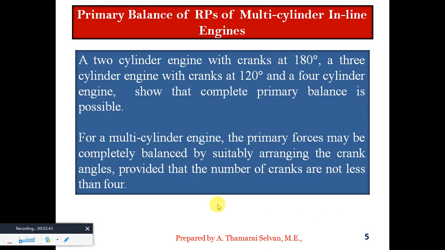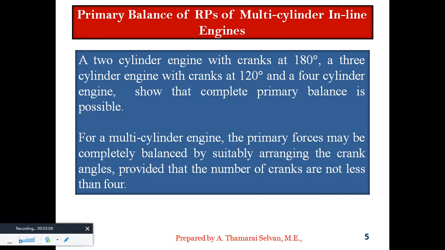Here generally a two-cylinder engine whose cranks would be at 180 degrees, that is exactly opposite, a three-cylinder engine with the cranks at 120 degrees, and a four-cylinder engine show a complete primary balance. Since the arrangements are at equal intervals, complete primary balance is possible here.